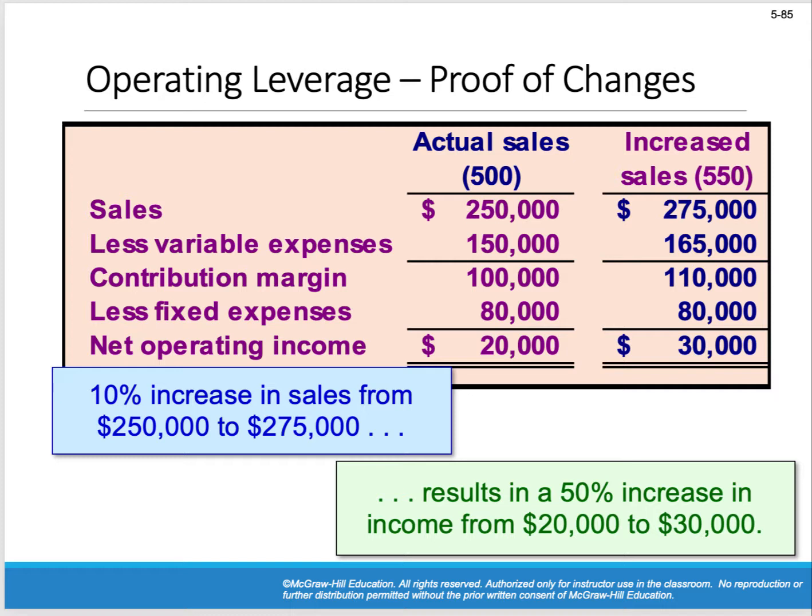We're going to run the contribution formatted income statement, and we're going to see that a 10% increase in sales from $250,000 to $275,000 results in a 50% increase in income. How do we get that? Well, look, we had $20,000 in net operating income. Because sales went up 10%, our new net operating income is $30,000. That's a 50% increase.